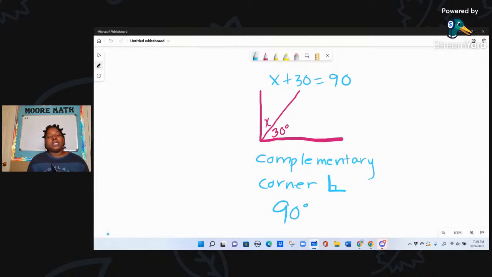What plus 30 equals 90, right? We can solve this algebraically. Let's get that X by itself. To move that 30 to the other side, we subtract 30 from both sides, and you get X equals 60. Nice job, Mackie.